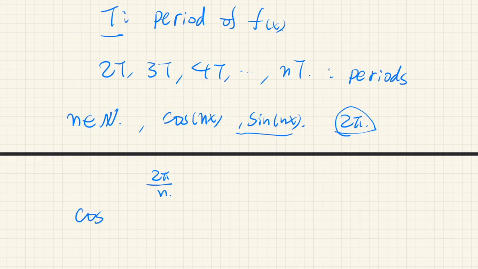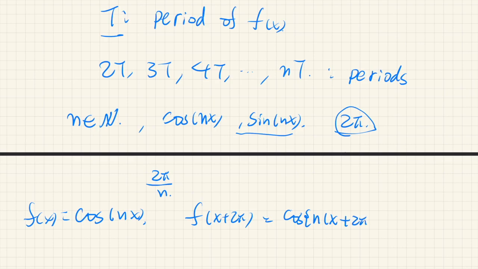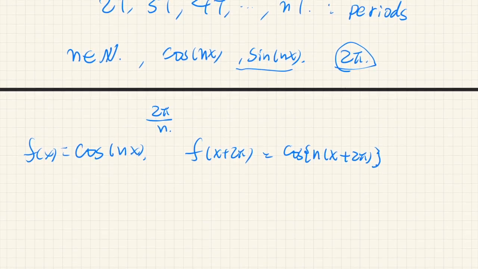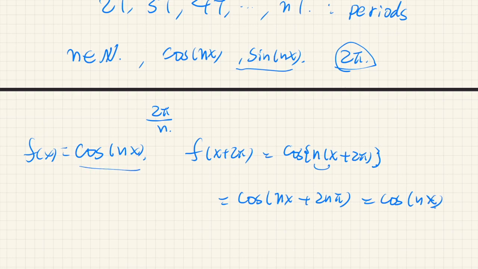Let f of x be cosine nx. Then f of x plus 2 pi is cosine n times x plus 2 pi. If we expand this, we have cosine of nx plus 2n pi, which is equal to cosine nx. So 2 pi is a period of this function.